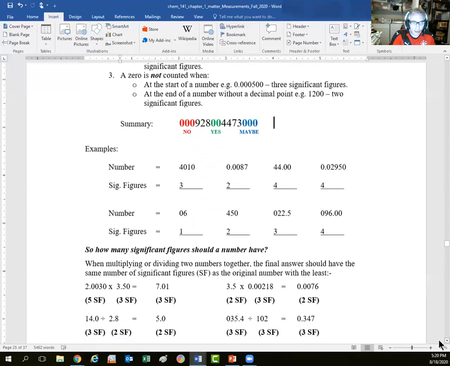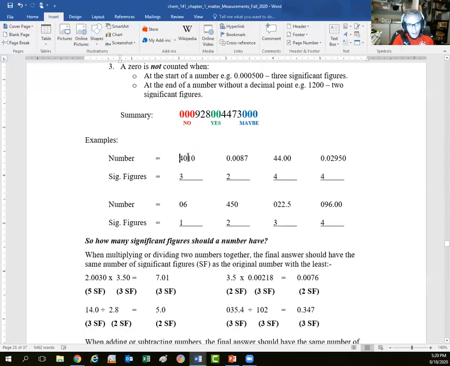So just to finish off, for these numbers, 4010, there's no decimal place, so we don't include the 0 at the end, so just 3 significant figures. Zeros at the beginning are never counted, so only two significant figures, the 8 and the 7. We do include the zeros at the end because there's a decimal point after the 4, so 4 significant figures in total.